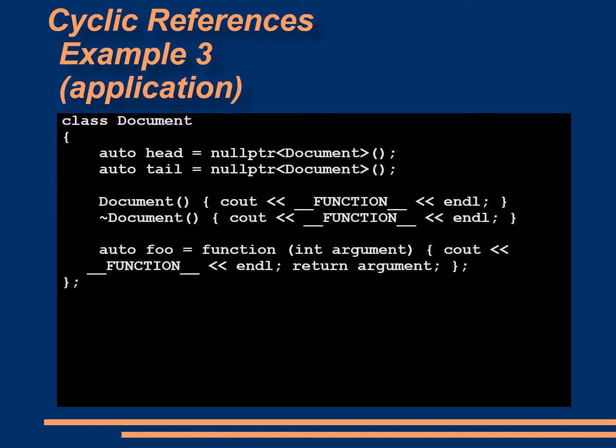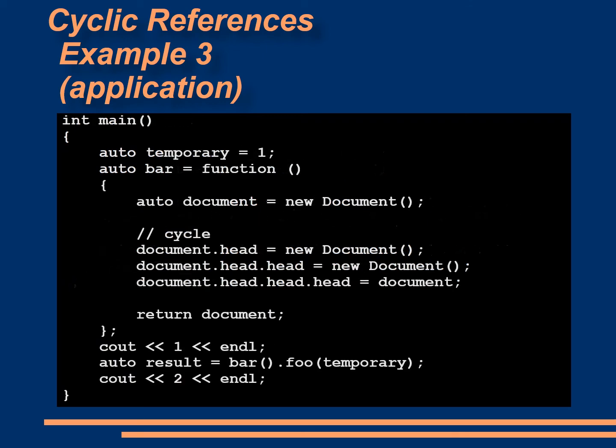Now here's the same example, but which has a member function within that class. In this new example, we simply call the foo function, which is a member variable of the document class, returned by the function bar.